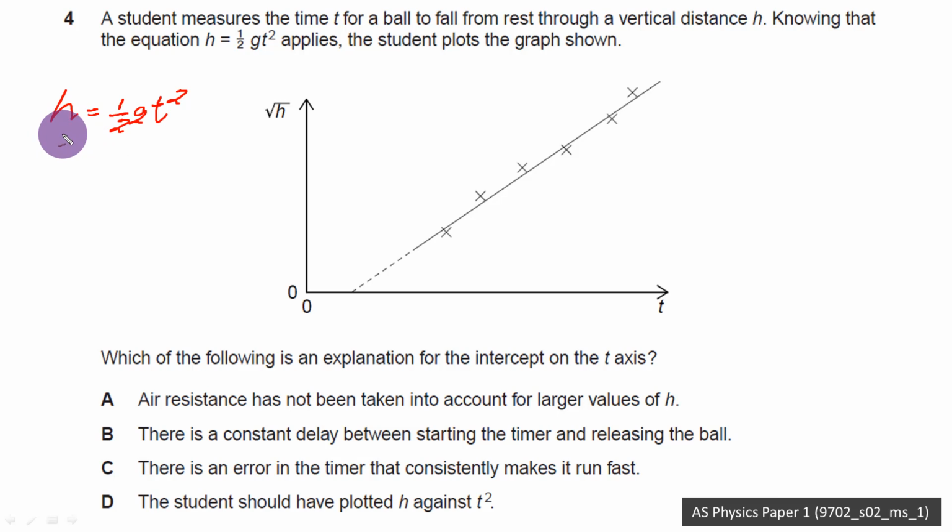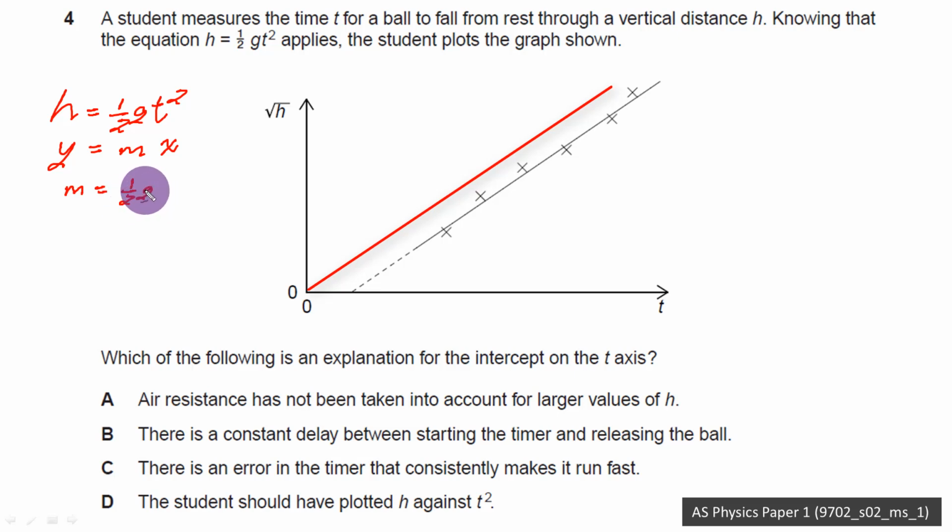So plotting a graph of h against t squared will give us a straight line through the origin, because h would be on the y-axis, t squared on the x-axis, and the gradient would be g over 2. That means that this gradient m will be a half g.